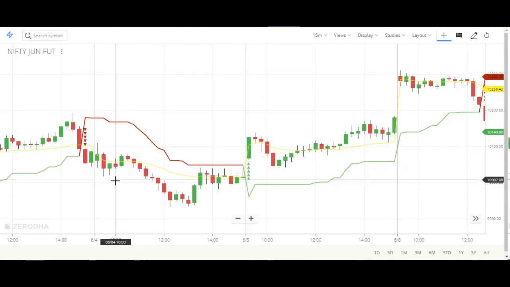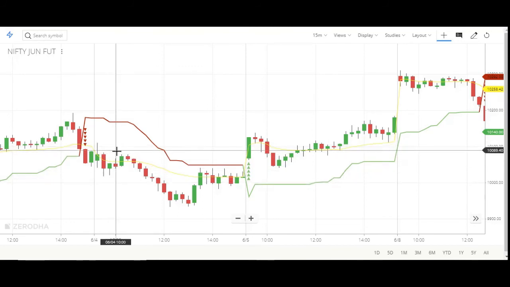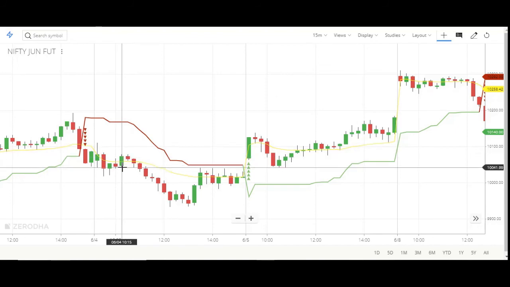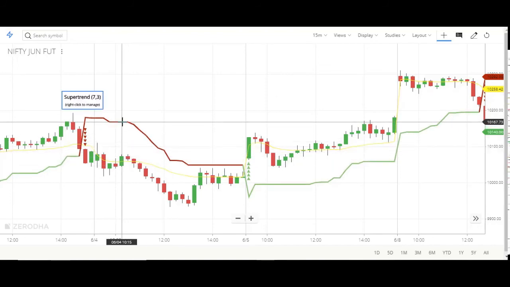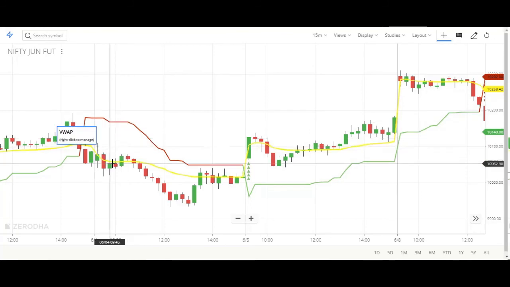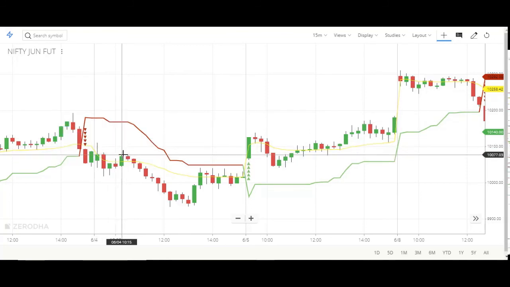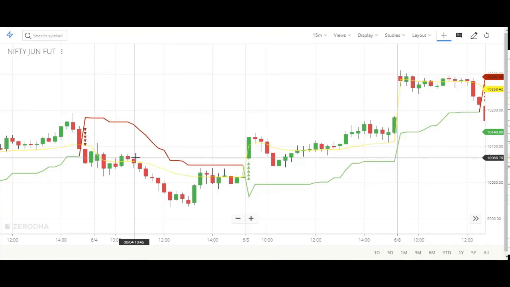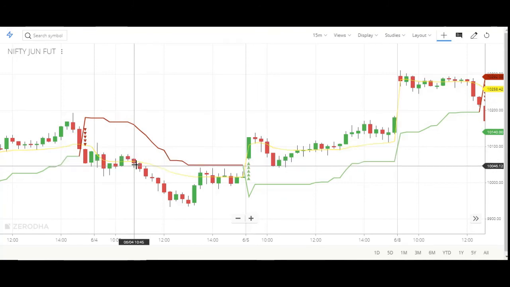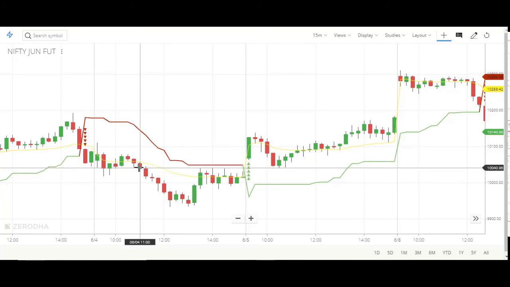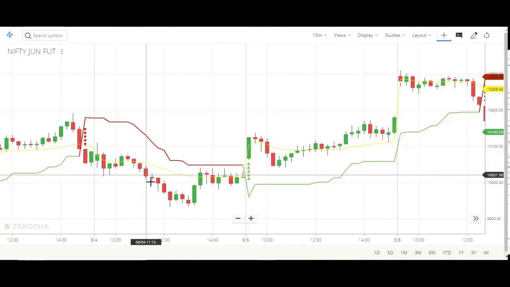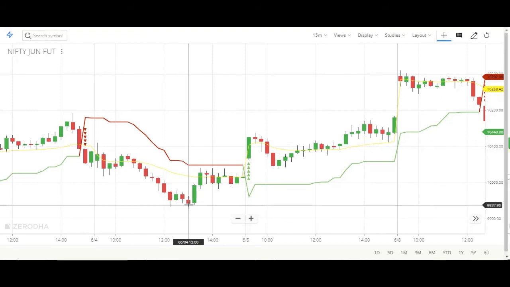Even though the price moves above the VWAP here, since the Supertrend indicator is indicating the sell side, we are not going to buy. After that, a movement crossed the VWAP from above to below, so we sell below this candle, and the price moves along.